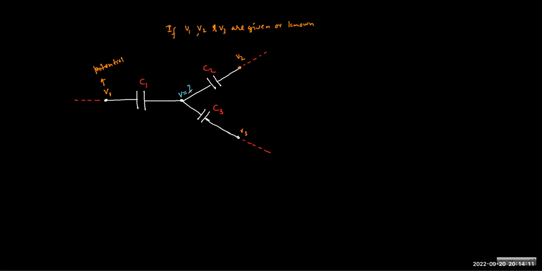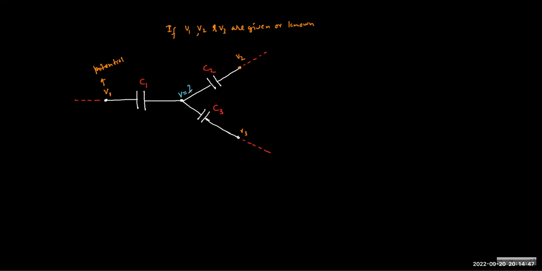The potential of the junction, because the moment I know V, I know the potential difference of each capacitor. Because the other end is known to us, but one of the common ends is unknown to us, which is called the junction potential. So if somehow we can calculate the junction potential, can we find the charge on each capacitor? Yes. So can you find the potential difference of each capacitor? Definitely yes. So how to proceed and solve a question like this?